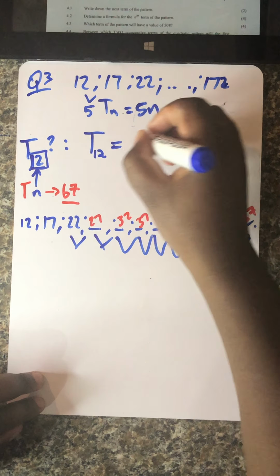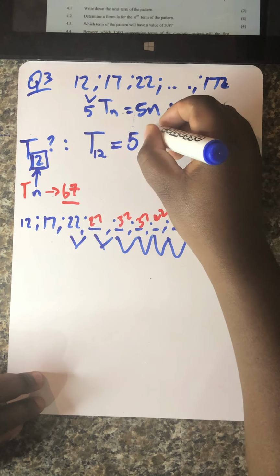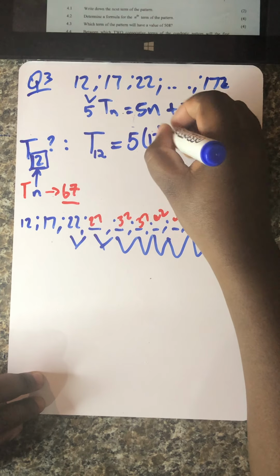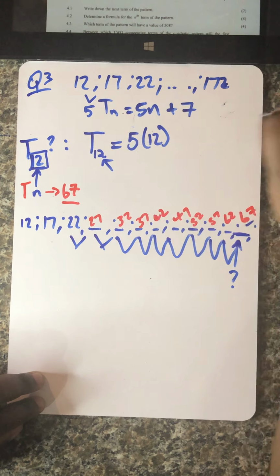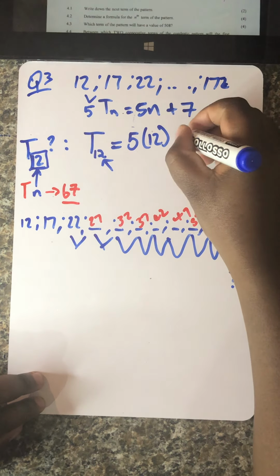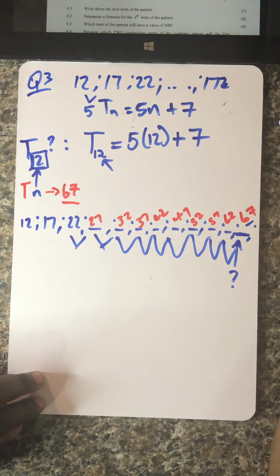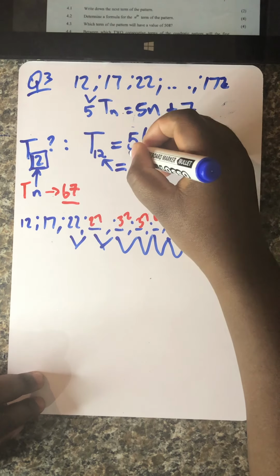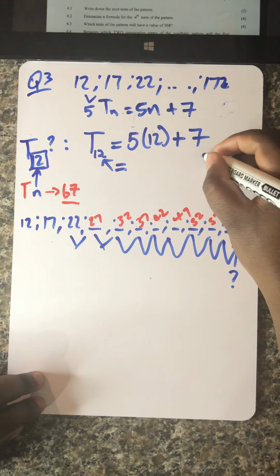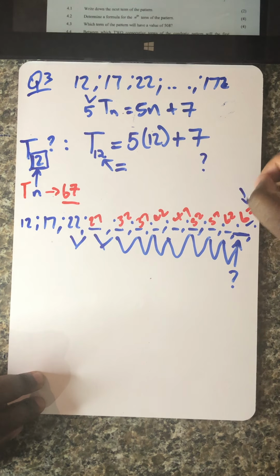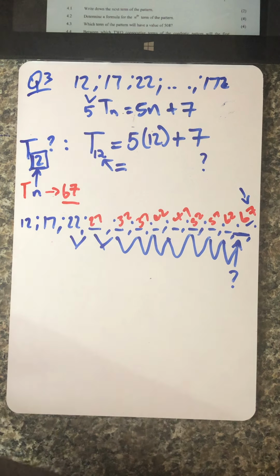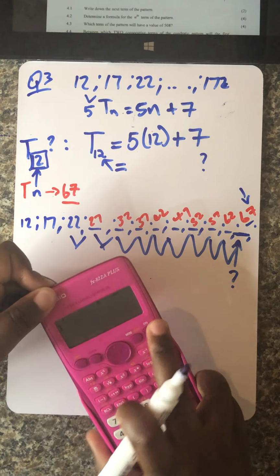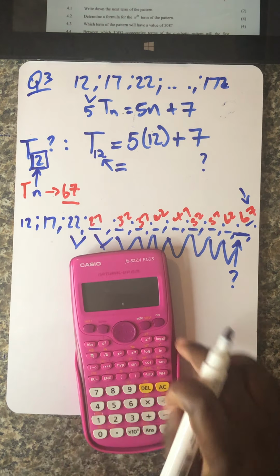So this is equal to 5 into, remember, in place of n we substitute 12, plus 7. Okay, so ladies and gentlemen, let's now punch all of this on a calculator and see if we get 67. Okay, if we don't get 67, guys, I'm just ending this lesson now.